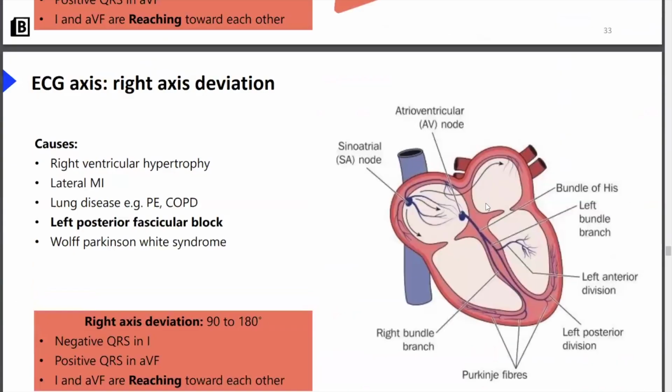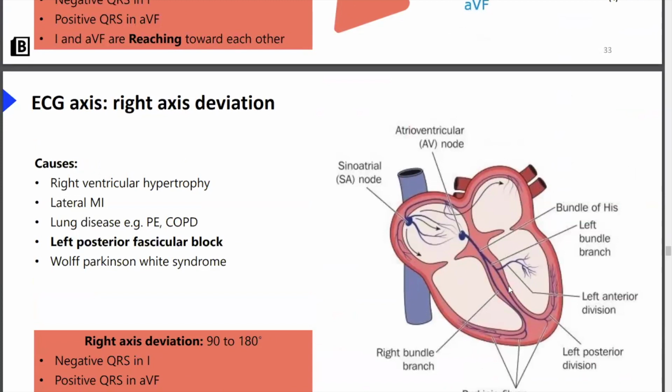I'll quickly explain that again. The left heart depolarizes through the left bundle. If the left posterior fascicle is blocked, the only way that the left heart can depolarize is through the left anterior fascicle. That means current's going to come along here through the left anterior branch, down here, and then depolarize the left ventricle, coming through the wall towards the septum.